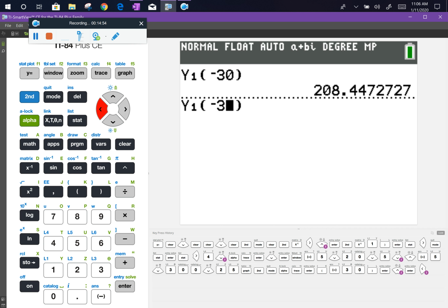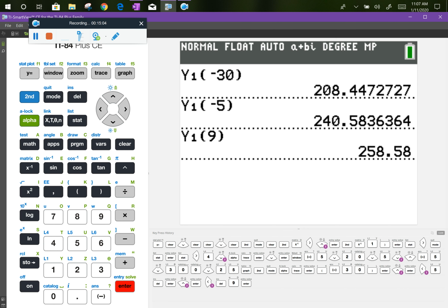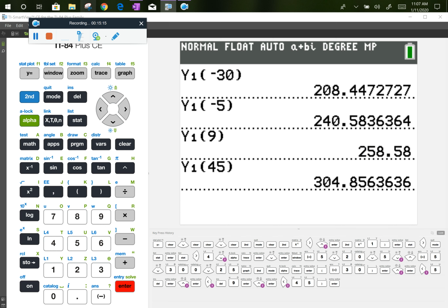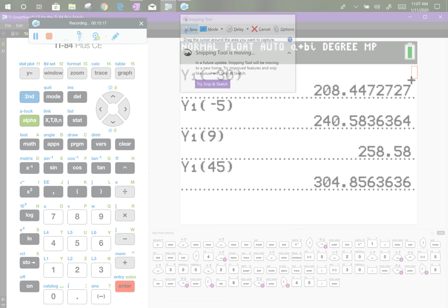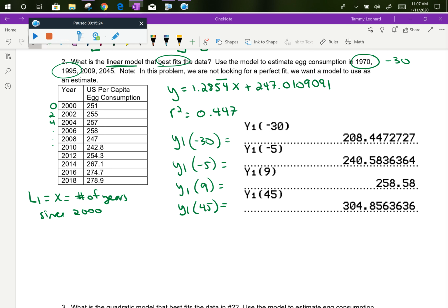So we wanted to know 5 years before, we wanted to know 9 years after, and we wanted to know 45 years after. All right, and I'm going to cheat a little bit. Instead of typing that, I'm just going to snip this and put it right in to my note sheet. It's probably easier to read than my writing anyway.